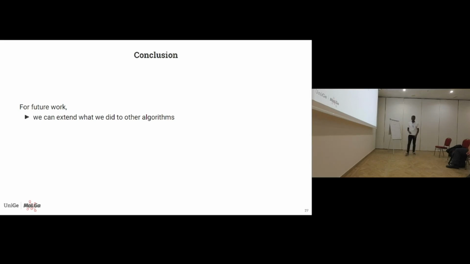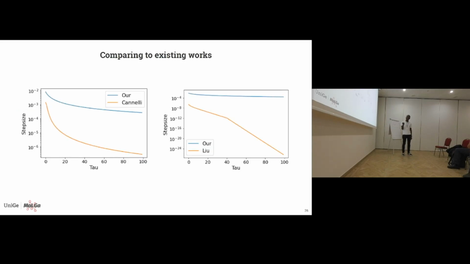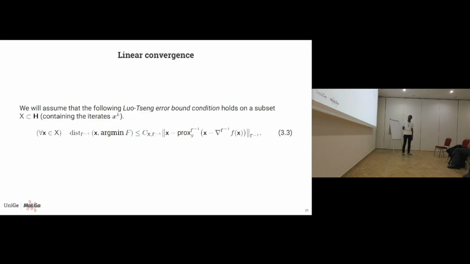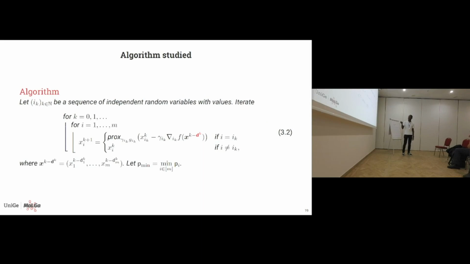Is there any other question for our speaker? So you improve the rate of convergence, but what about the computational cost with respect to the proximal operator? The computational cost is the same for the prox, because we don't add extra stuff.